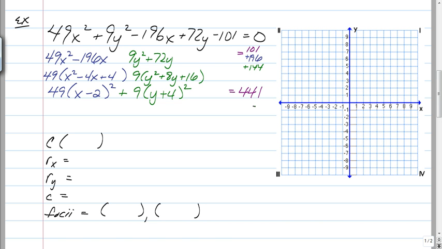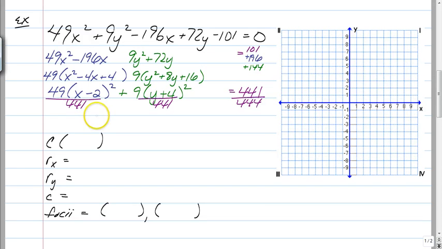Now we have to do a little step where, if you look at the generic equation, the ellipse is always equal to 1. So we're going to need to divide everything by 441. Now, 49 over 441 is going to reduce to 1 over 9.